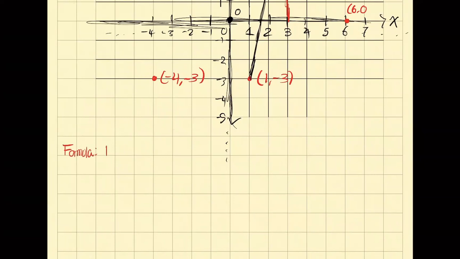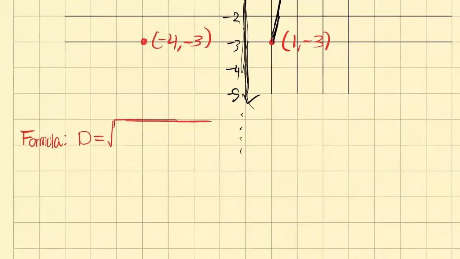So I'll give you the formula. The distance between 2 points, we'll call it D, is the square root of x2 minus x1 squared plus y2 minus y1 squared. And what these little subscripts denote is that they are different x and y values.